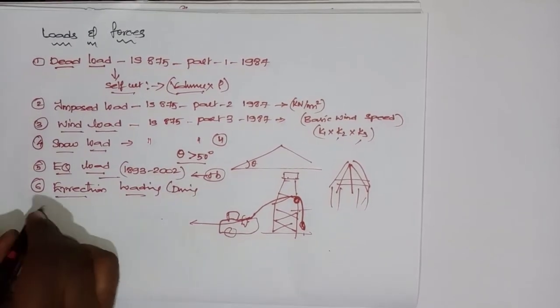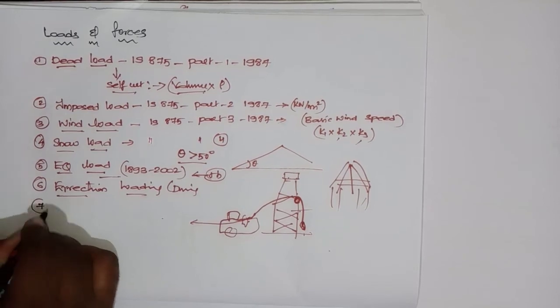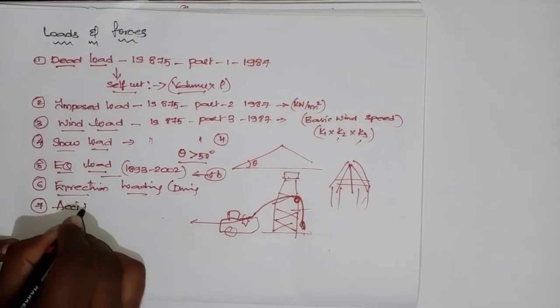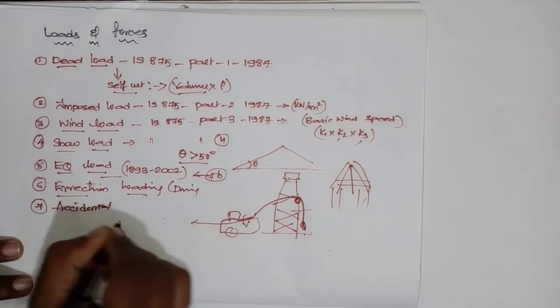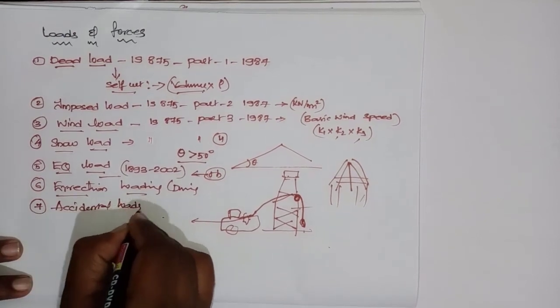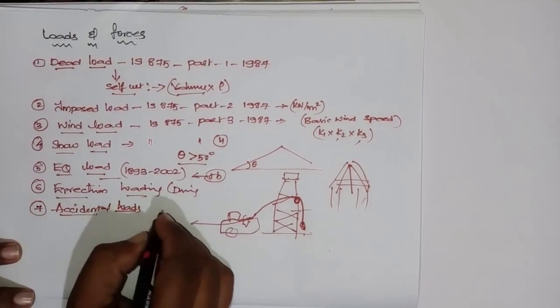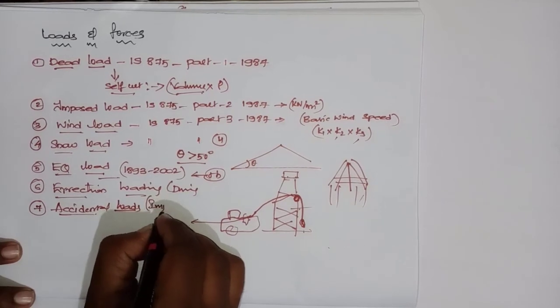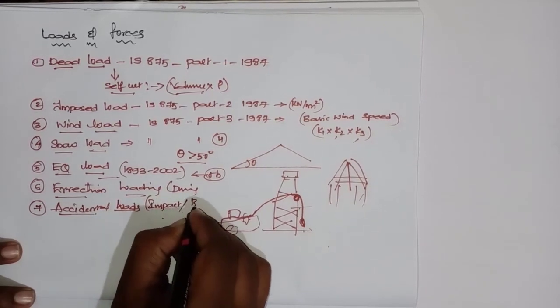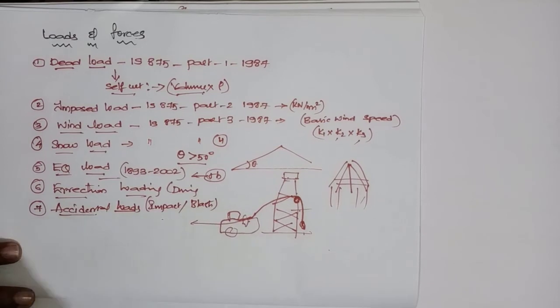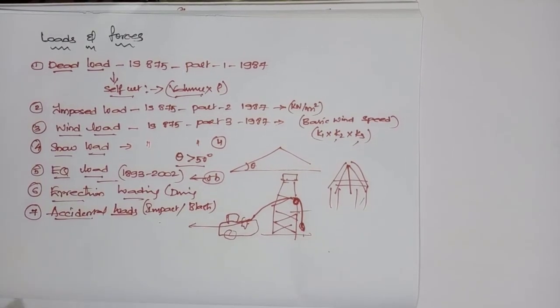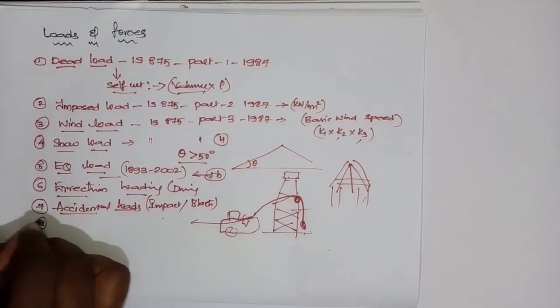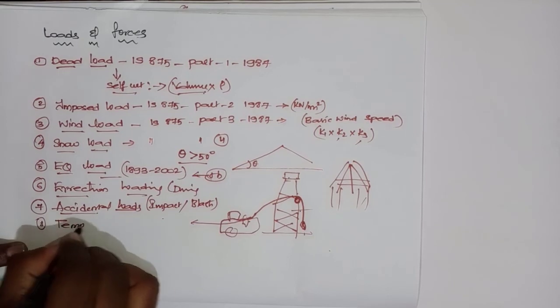Next, accidental. Now what is this accidental? Accidental means all of a sudden it may happen, some impact, some blasting like that may occur. All these come under accidental loads. And temperature stresses, what is that?